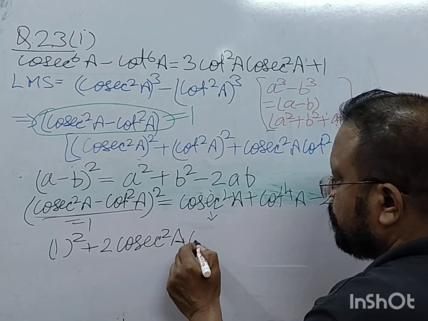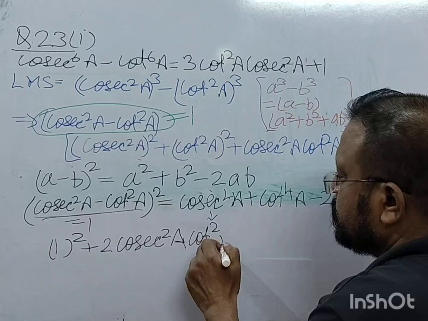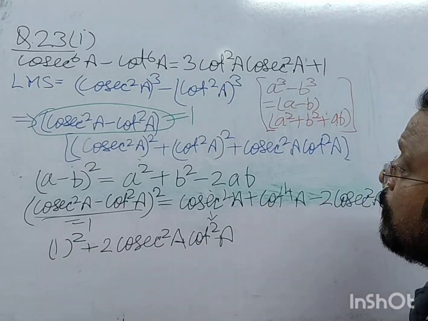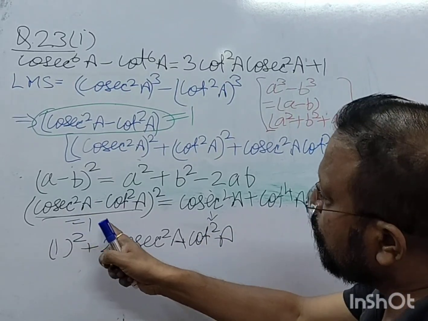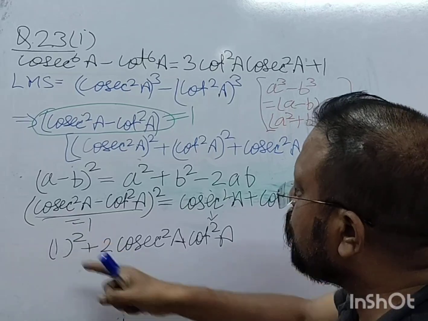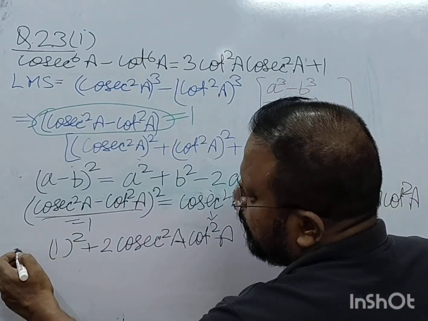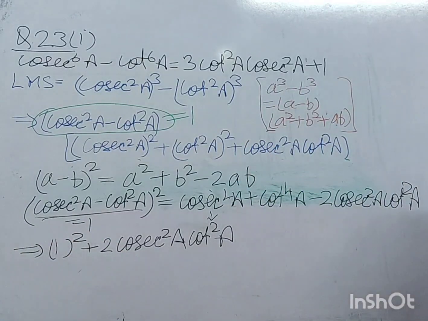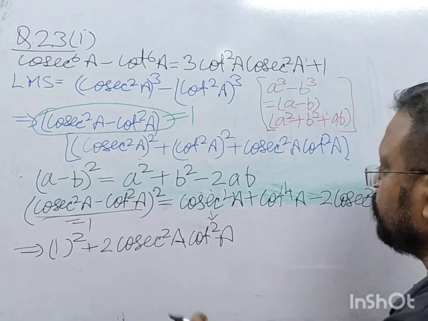Cosec square a minus cot square a is equal to 1, you know, so I take it in the next as 1.